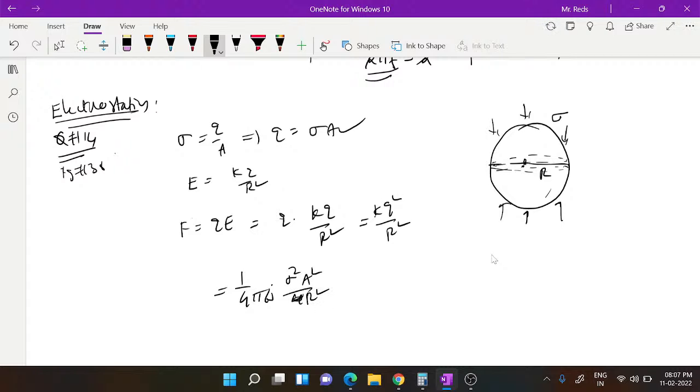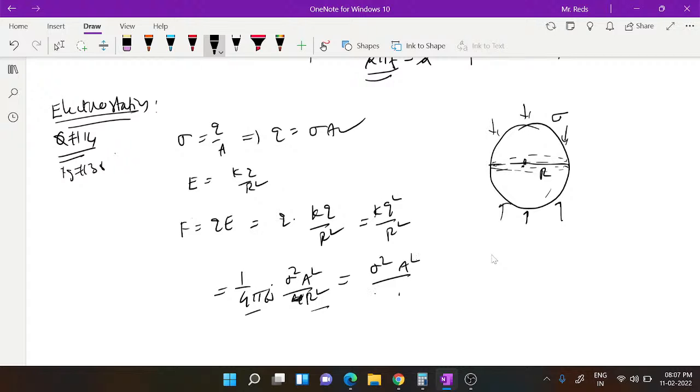But A is not there in the options, so you have to replace A.